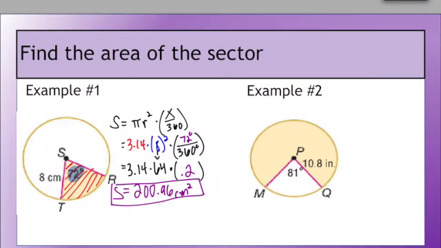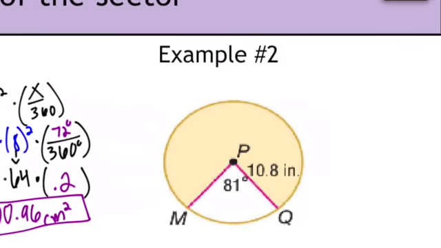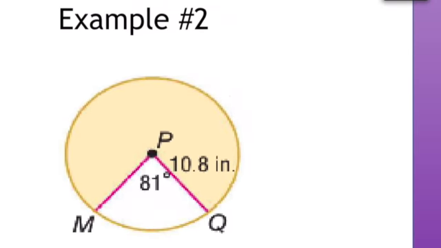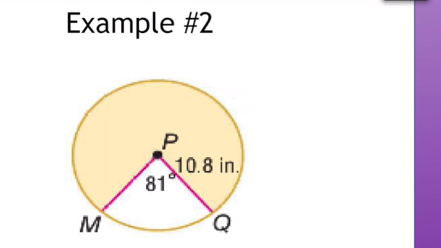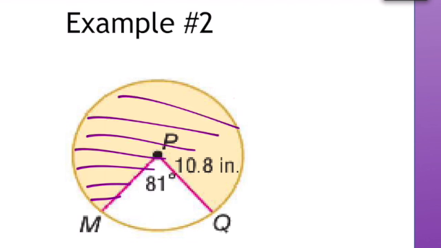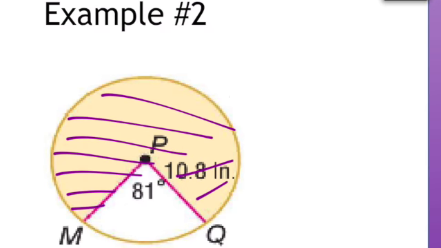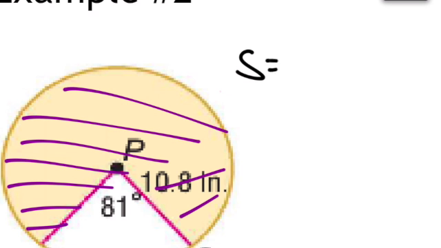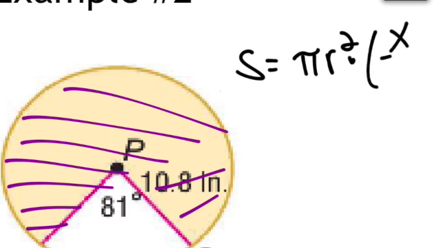Let's look at example number 2. Same idea. I want the area of the shaded region here. This is the area that I want. We're going to start with our formula. So our formula is the sector is equal to pi r squared times x over 360.